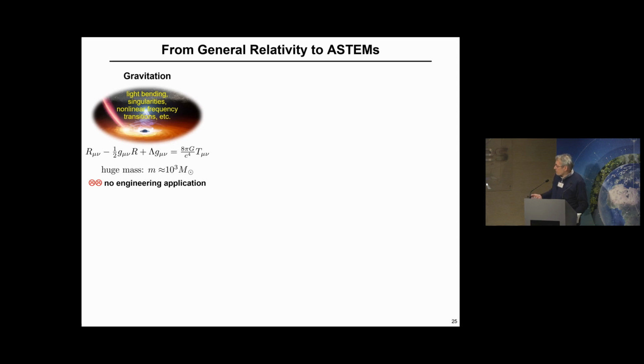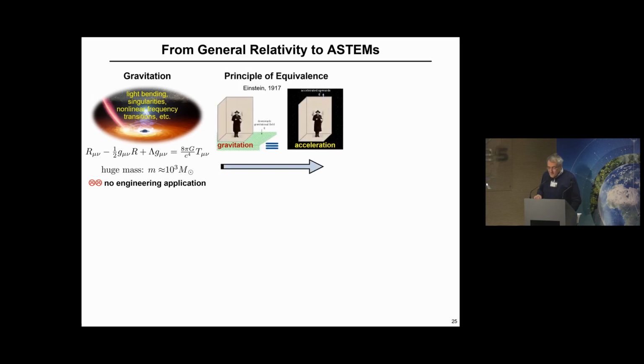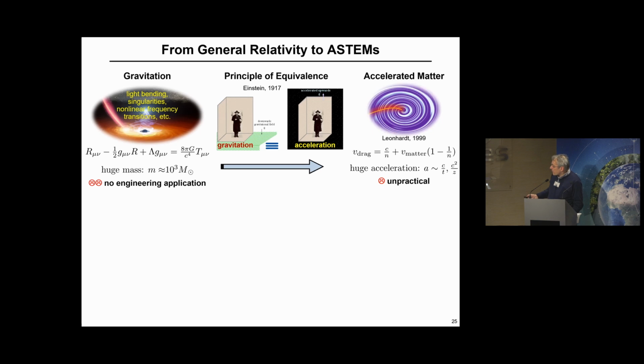So this leads to actually a very powerful perspective of this media that interests cosmologists, which is the one of general relativity, as I said, where we have gravitation, heavy masses that bend, swallow, and chirp electromagnetic waves. The issue is you need to have masses many times the mass of the sun. That's not very practical, obviously. But there is this equivalence principle. Einstein says, look, acceleration cannot be distinguished from gravitation.